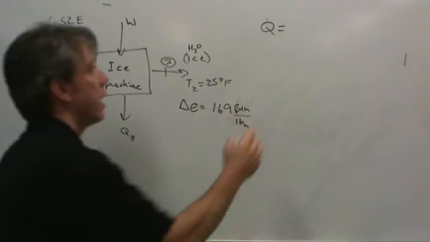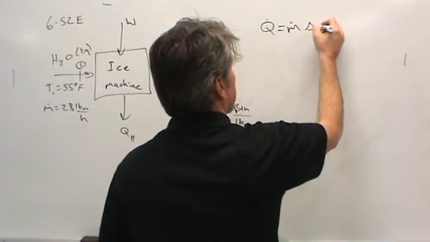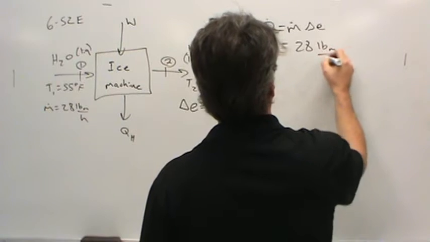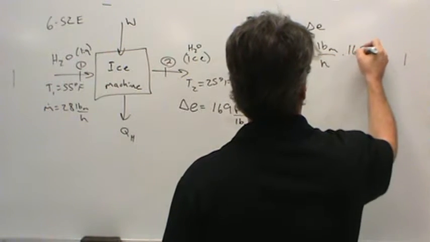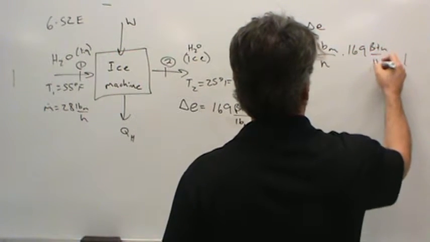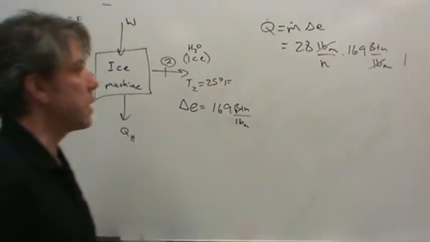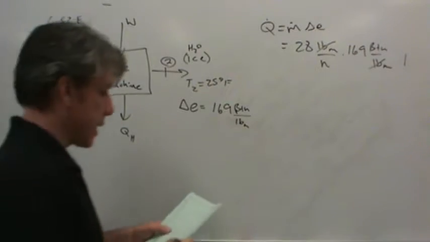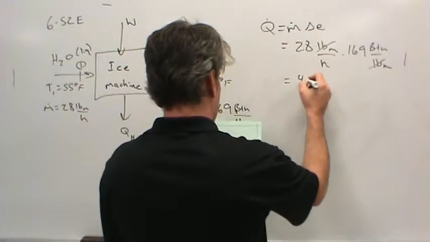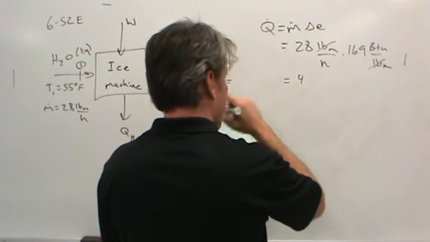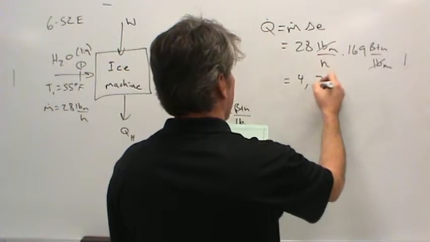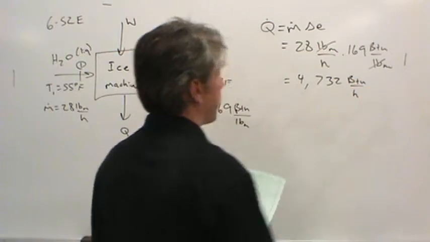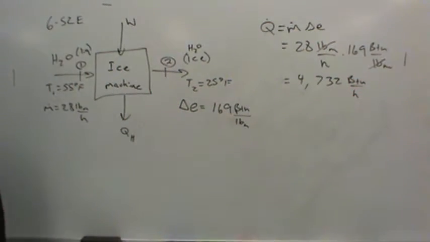So if we multiply the mass flow rate of the water times the specific energy change of the water, that would be 28 pound mass per hour multiplied by 169 BTUs per pound mass. So that tells us how many BTUs per hour we have to pull out of the water. Well, if you multiply that out, you'll find that this is 4,732 BTUs per hour. That's how much energy we have to take out of the water every hour.